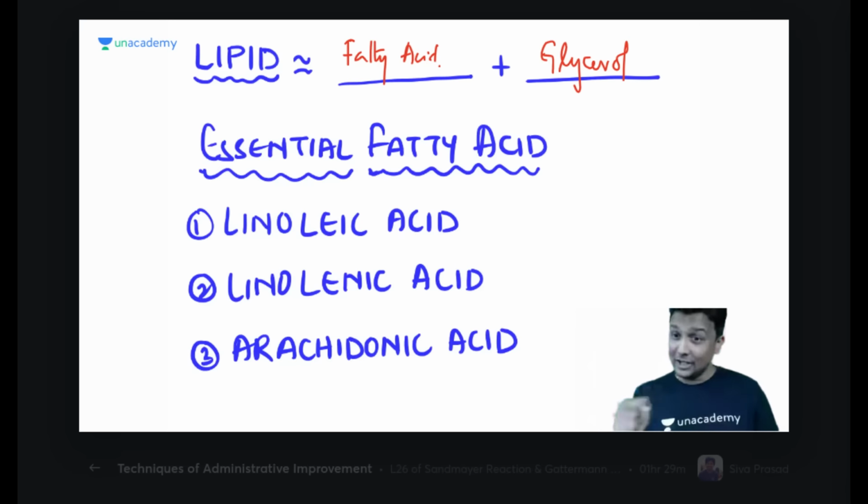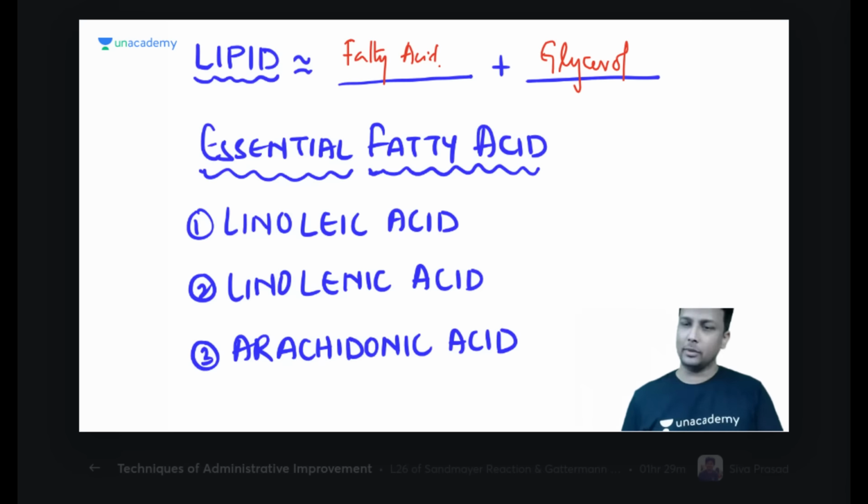Essential fatty acids, there are 3 of them: linoleic acid, linolenic acid, and arachidonic acid. These are the 3 essential fatty acids you have to remember here.